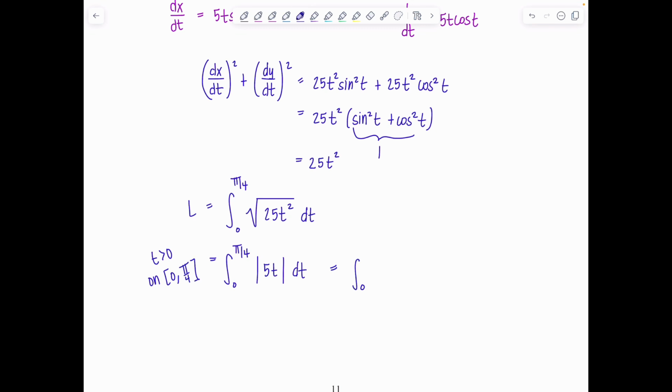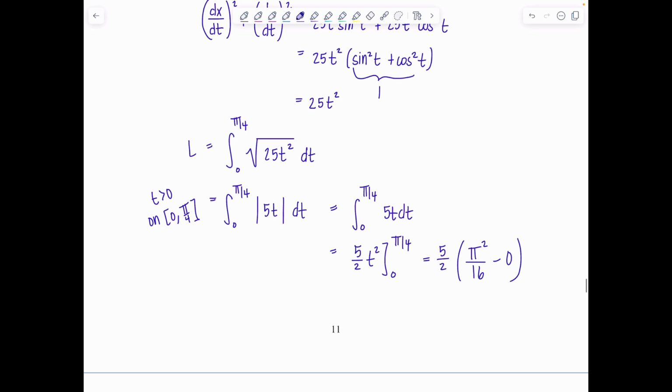Okay, so then we have integral from 0 to pi over 4 of 5t dt. This is 5 halves t squared from 0 to pi over 4. And then upper limit minus lower limit, I'm just going to be left with 5 halves times pi squared over 16, yes, minus 0. So 5 pi squared over 32.